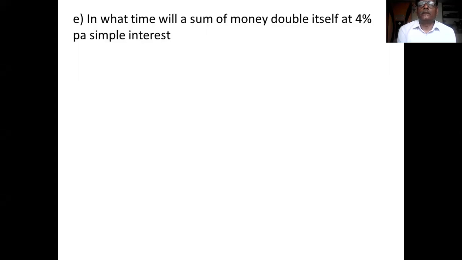A sum of money. Suppose you deposited some amount, some money in a bank, that sum will double after 6 years or 7 years. Whatever double amount comes, how does it become double?